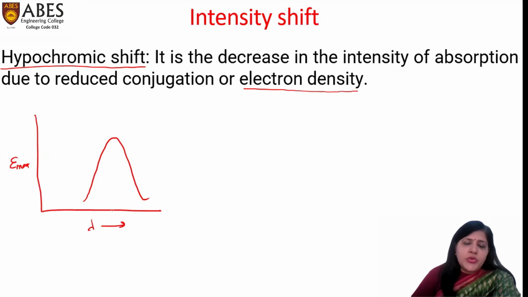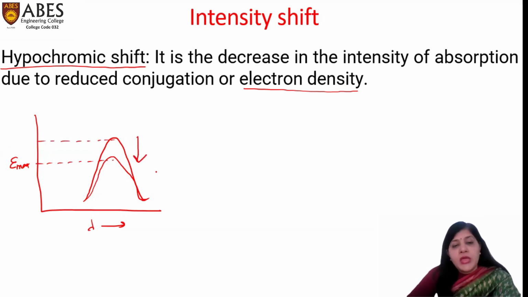Suppose in the molecule, electron density is reduced. Due to this, now the molecule is absorbing less radiation, or the intensity of absorption is decreased. This decrease in intensity of absorption is due to the decreased electron density on the molecule.